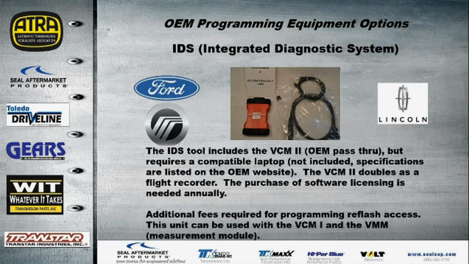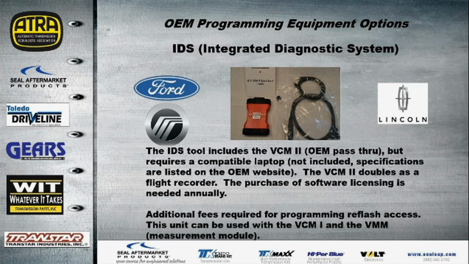Also, the IDS system is compatible with the previous pass-through device, which is the VCM1. So if you already have the VCM1, you can get a partial package. You don't have to get the VCM2, but the VCM1 will work just the same. Also, you can use a plug-in module called VMM.